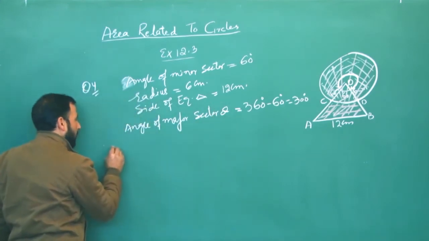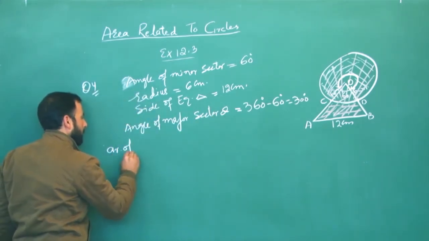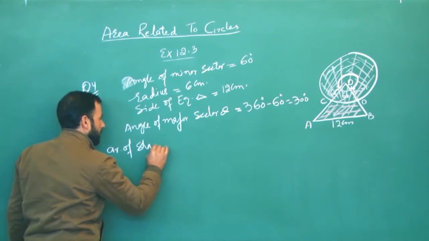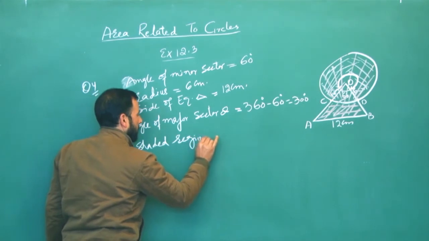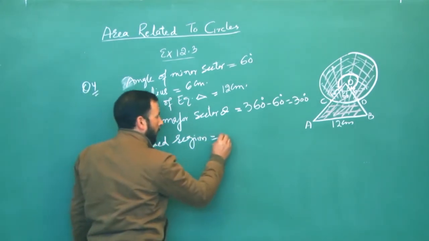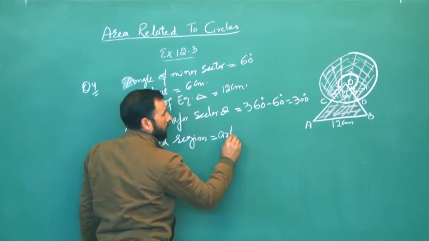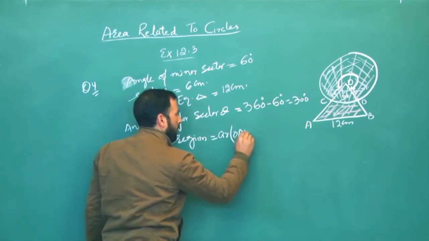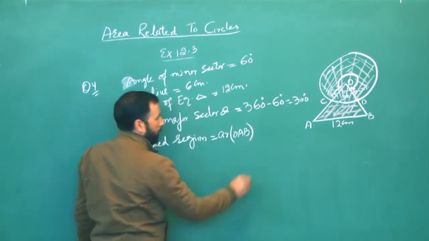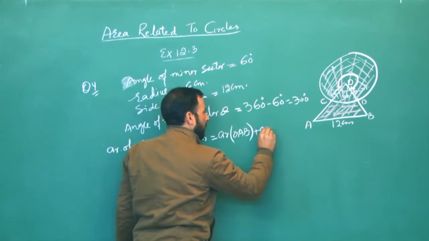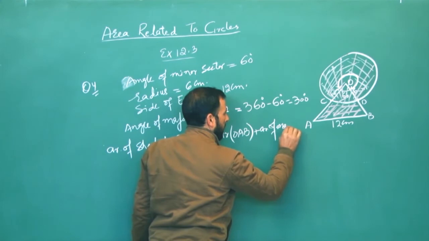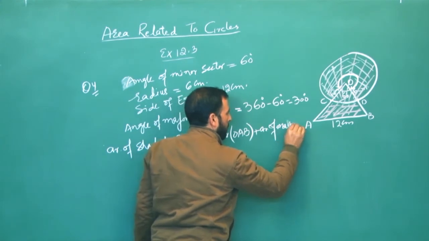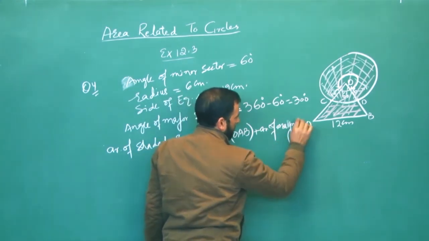Now we have to find out the area of the shaded region. That is equal to the area of equilateral triangle OAB plus the area of the major sector.